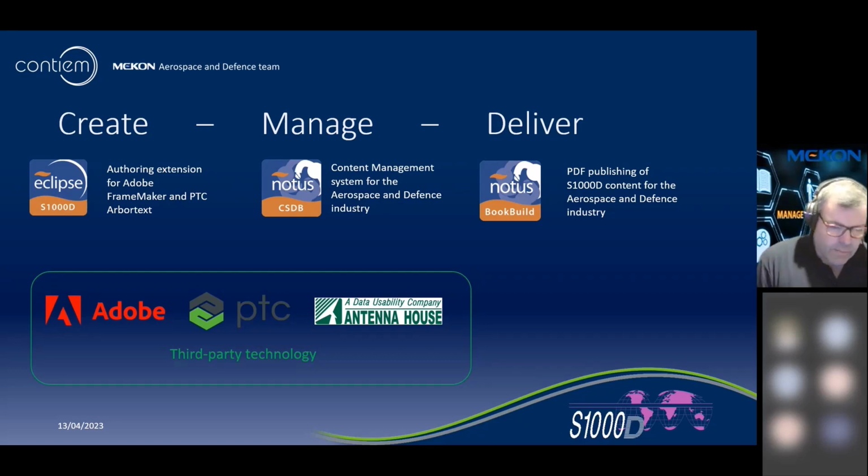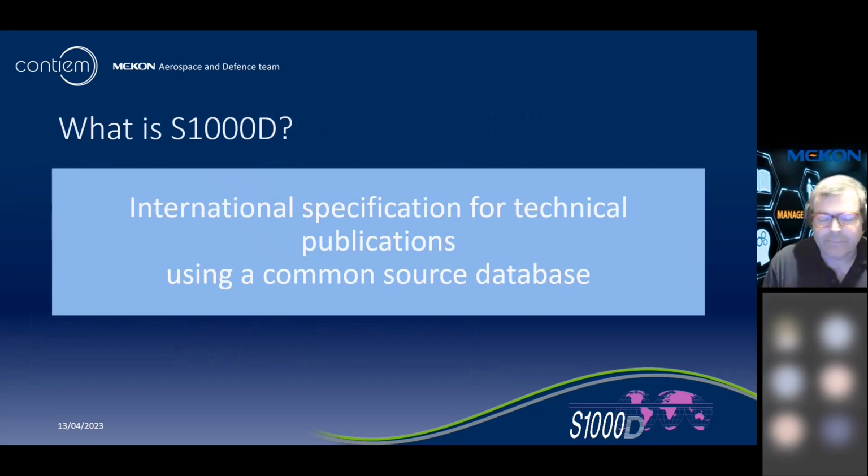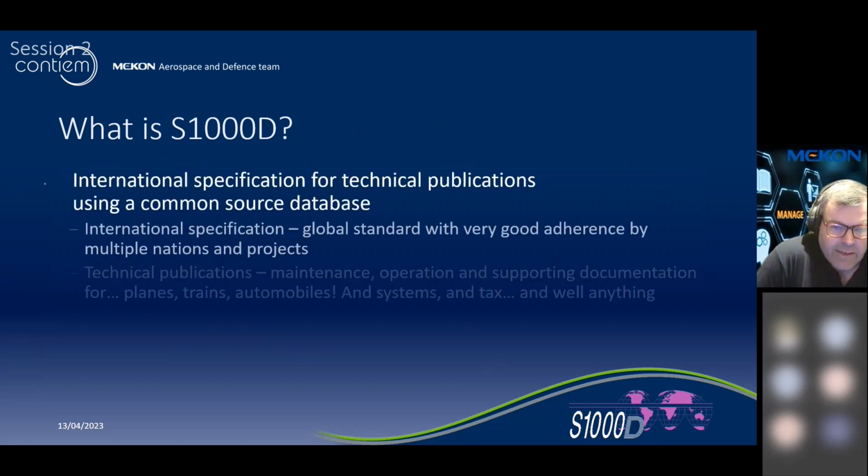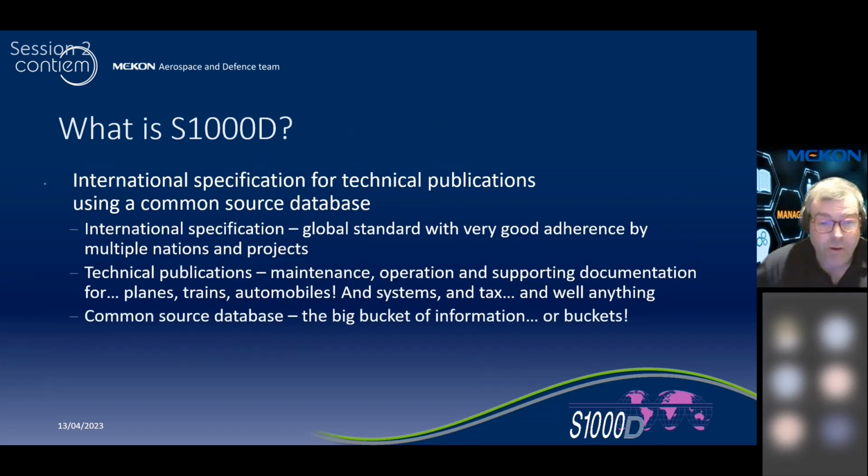So enough about me and about Mekon. You guys are here for S1000D. So what is S1000D? Well, in their own words, they are an international specification for technical publications using a common source database, which is quite long-winded. But if you break it down into logical elements, then actually it's not that complicated.